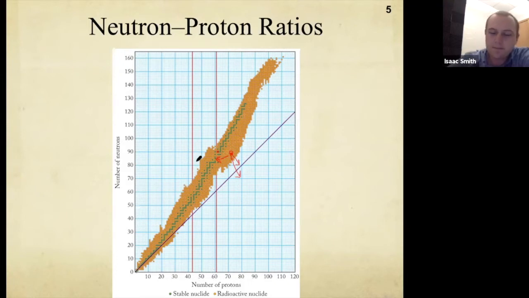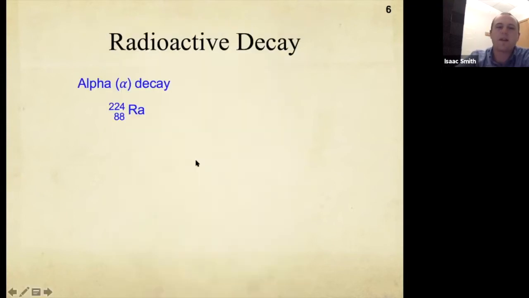But anyway, all right, let's talk about more of the stuff you really need to know for homework and tests. So radioactive decay, this equation that I've shown is what you'll generally see in a quiz question, and we'll go over some examples.